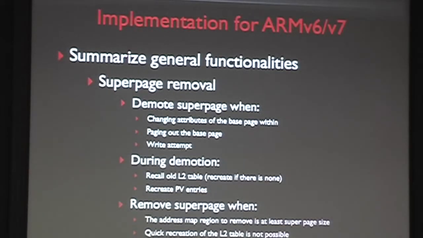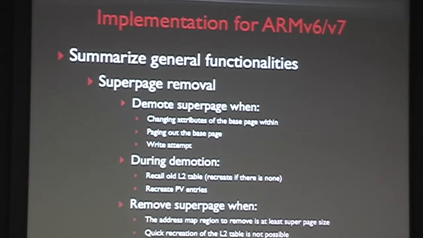During superpage removal, during superpage demotion, we recall the old L2 table or recreate it if there is none. Of course, this might not succeed, so then we will remove the superpage and we need to recreate the PV entries.